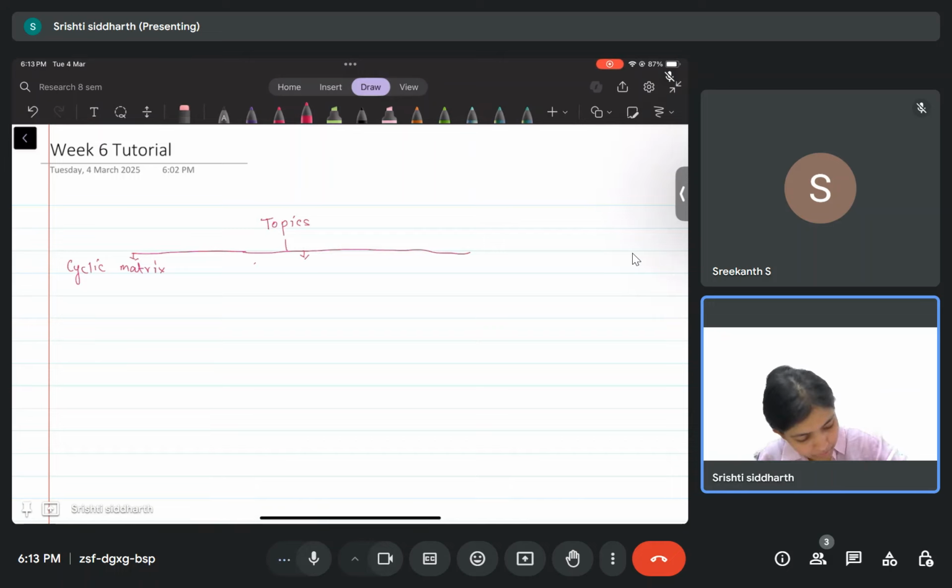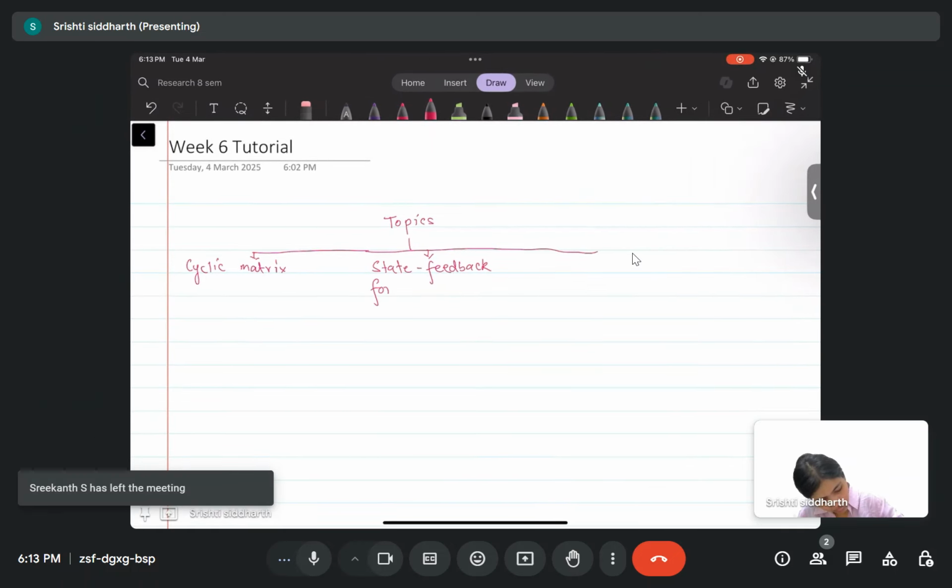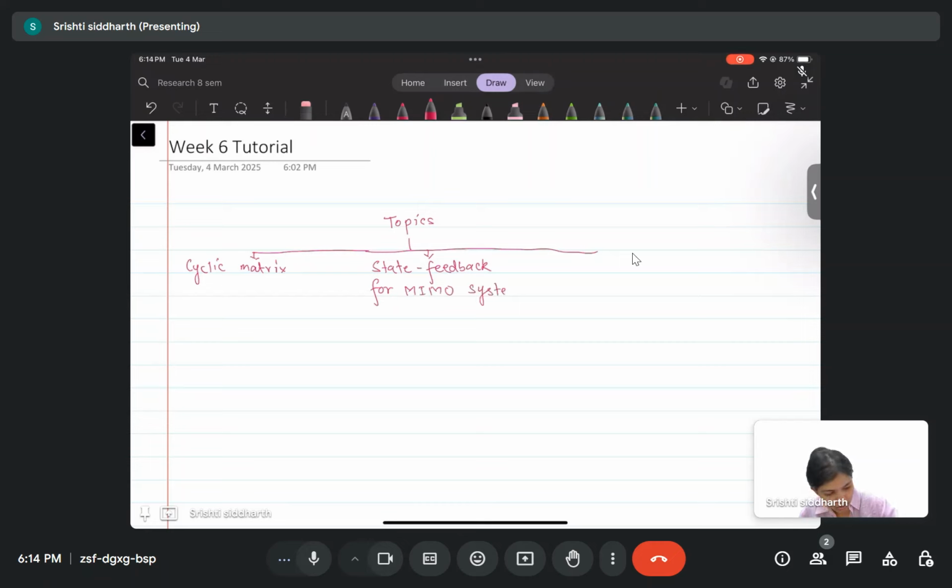Then it's the state feedback for multi-input, multi-output systems. And then we look at LQR, which uses the concept from cyclic matrices. All right, so let's begin.